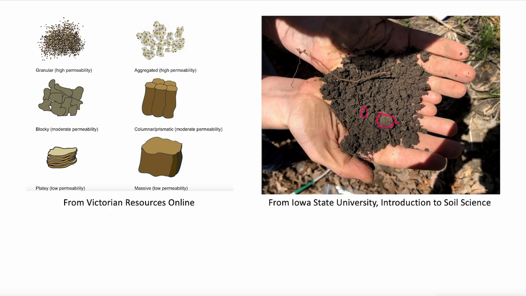So as we wet the soil, a couple of things happen. Most importantly, as the soil moisture content increases, the clumping decreases. The structures become less well defined. That's simply because the clumping is held together by surface tension, and the surface tension forces decrease as the soil becomes increasingly saturated with water.